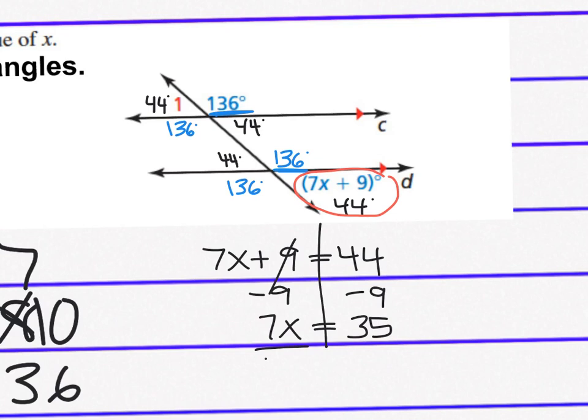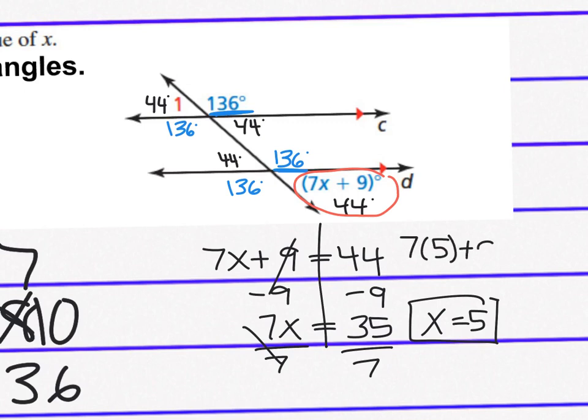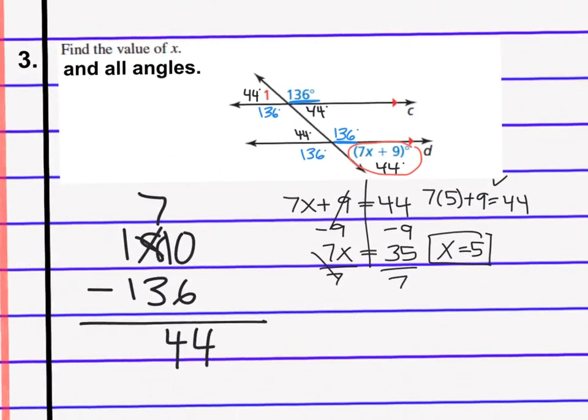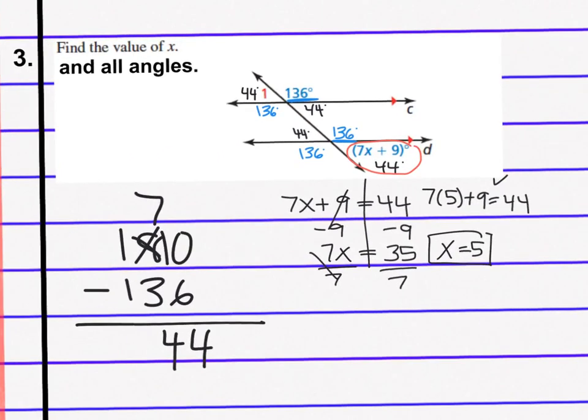You can use a calculator. I divide by 7 to get my x. X is 5. If I wanted to check my answer, I could put it back in. 7 times 5 is 35, plus 9 is 44. So I have found my angles, I have found x.